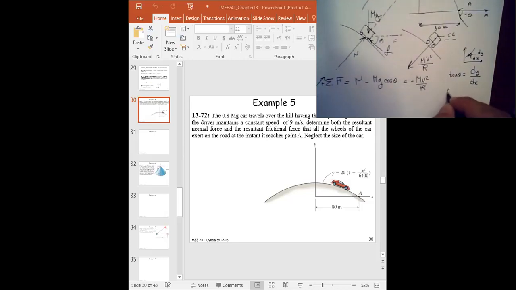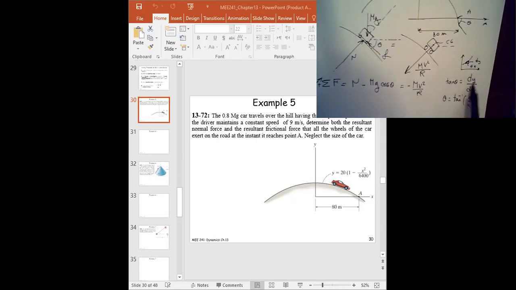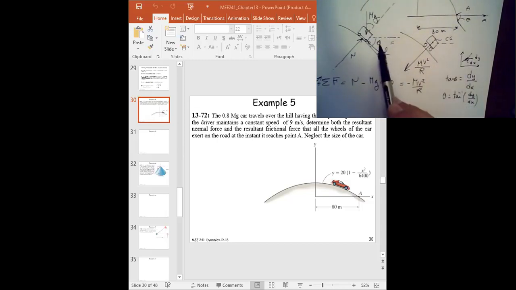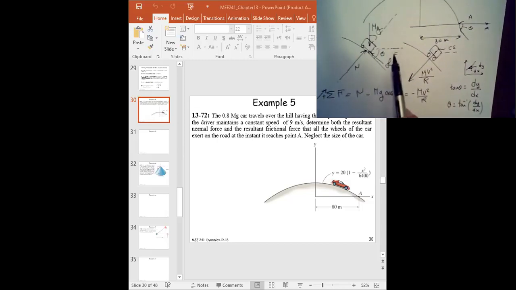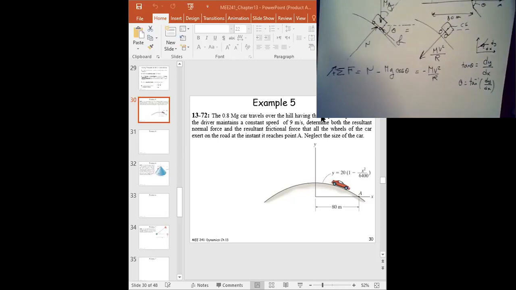So theta is inverse tangent of dy over dx. If it's positive, it means the curve is going upward, because dy is positive. dx is always positive as you move from left to right, but if dy is going down, it's negative and the angle is below. Here we're looking at the absolute value of the angle. Okay, so let's find theta. How do I find theta?